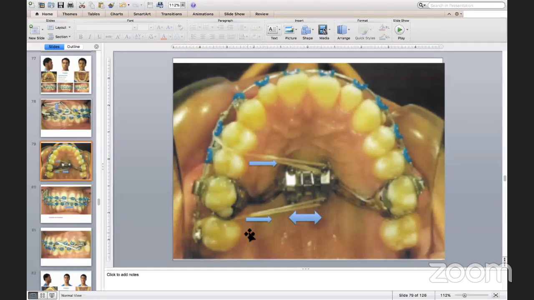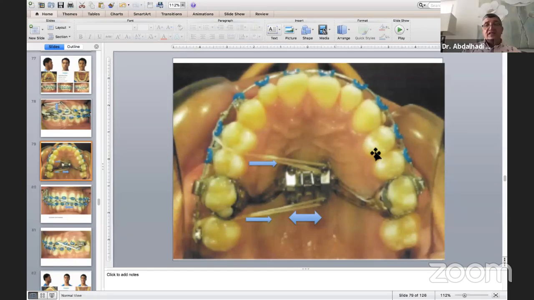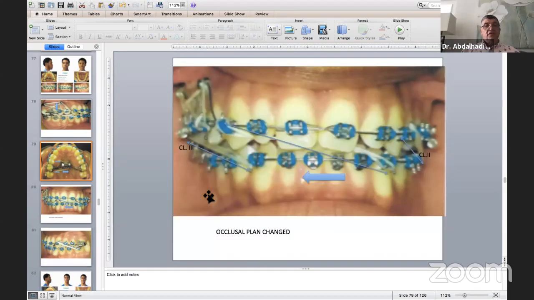You see the design of my Marpe is behind the virtual line joining the first premolar, mesial of the first molar, and in front of the distal line joining the first molar. So now there is action to intrude the right side of the maxilla, and another action to make the lower jaw shift to correct the midline.